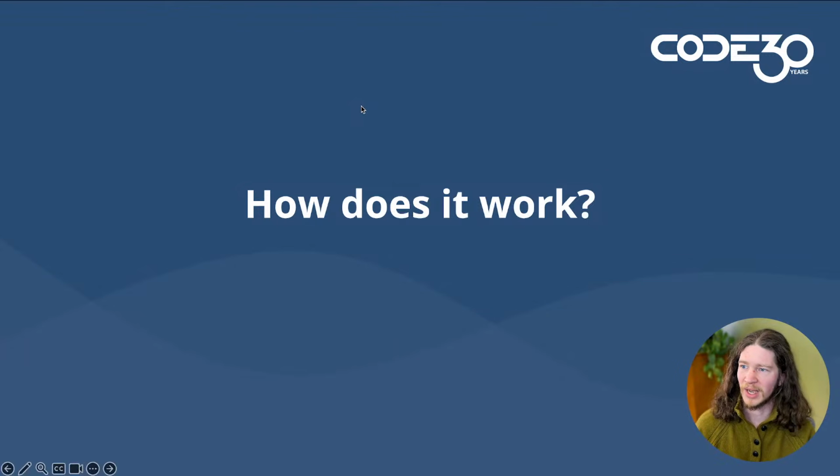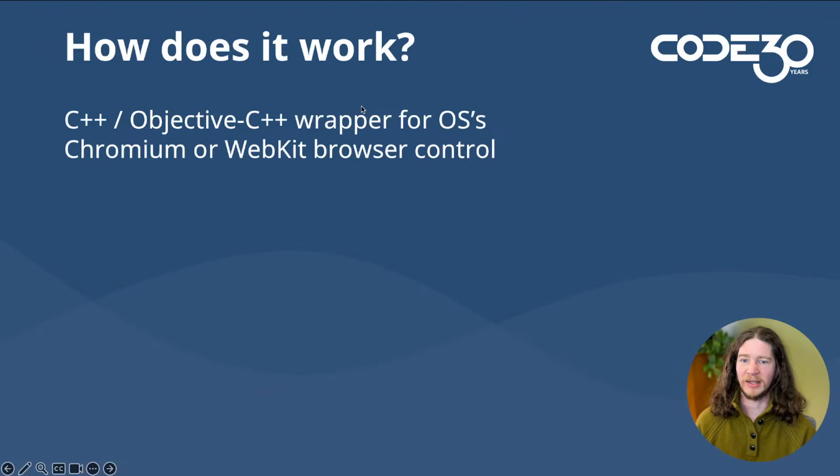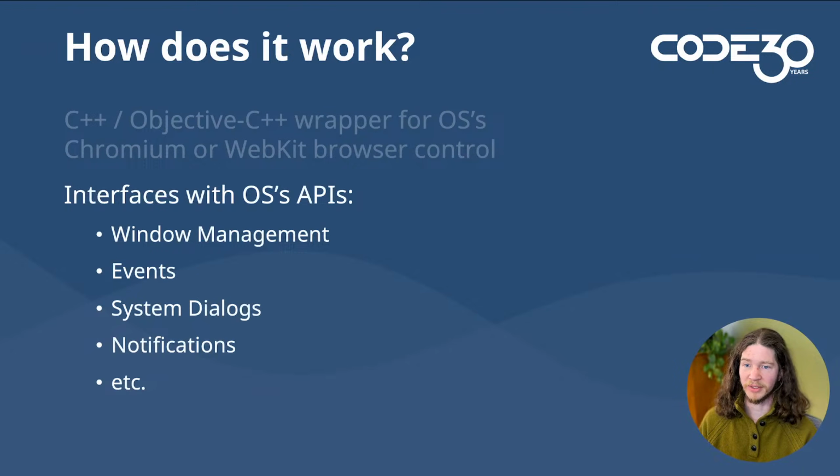Let's see, so how does this work? We have a package that's called Photino Native, and this is implementing the access to the browser control, to the embedded browser from your system, and is giving us that API that we can hook into and do all of the different calls to the operating system's APIs for window management, events, system dialogues like the file dialogues, for example, notifications, all of that cool stuff.